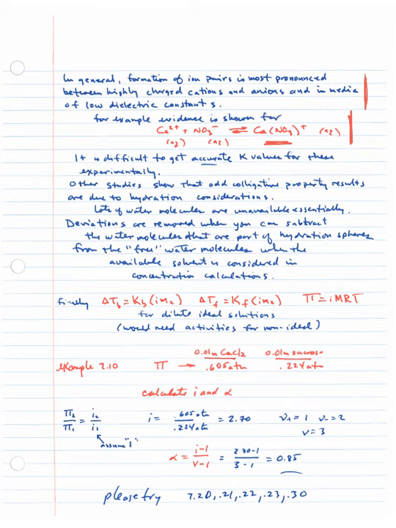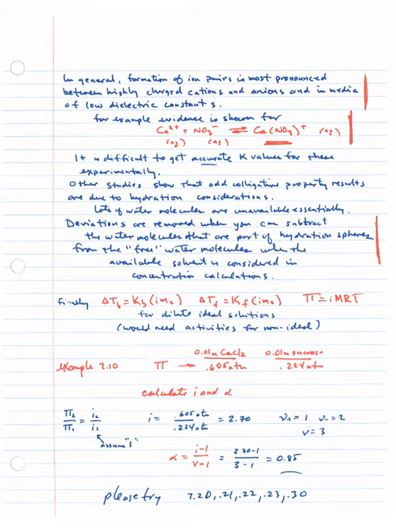But other studies show that odd colligative property results are due to hydration considerations, so even more complicated. Basically, it's repeating that the unavailability of water can be a problem. Deviations can be removed when you subtract the water molecules that are part of the hydration spheres from the free water molecules that are available when the available solvent is considered in concentration calculations.